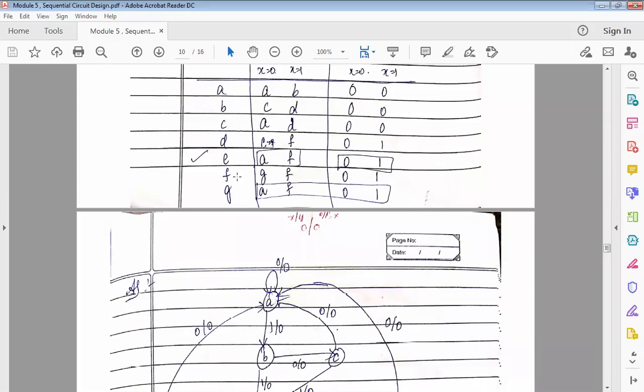So what I will do is I'll make E equal to G. Once I replace E with G, this becomes G and F, right? So I can see G and F is also here, and this also has 0, 1 and 0, 1. So I will eliminate F also. So G is eliminated, F is also eliminated. So at the final, I'll be having only A, B, C, D, E. Are you clear with this point?